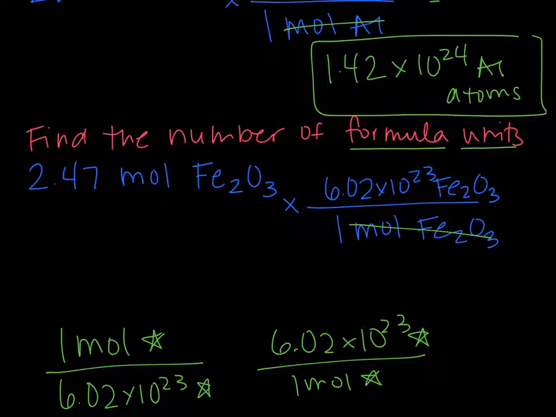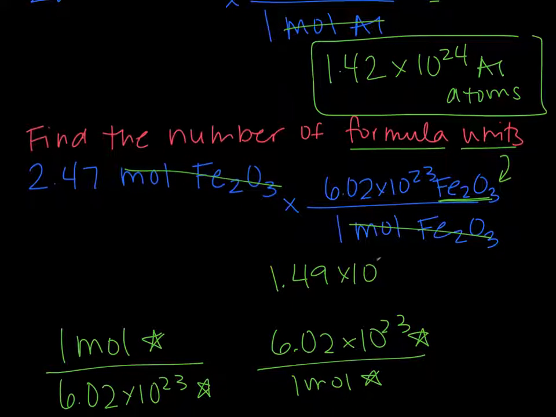And so mole cancels out, and we're left with formula units, because that's a formula unit, right? It's an ionic compound. And so the answer that you get when you type it in the calculator is 1.49 times 10 to the 24th Fe2O3s.